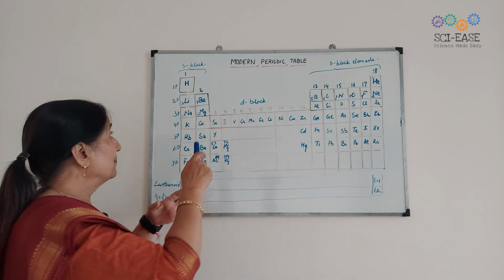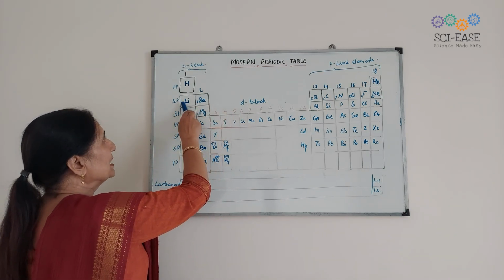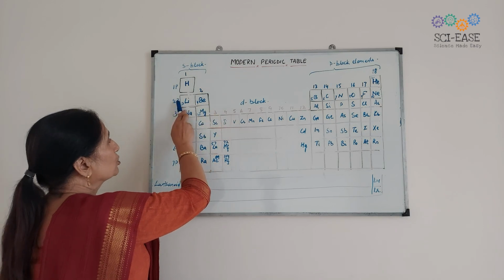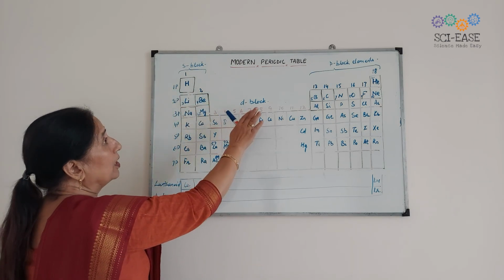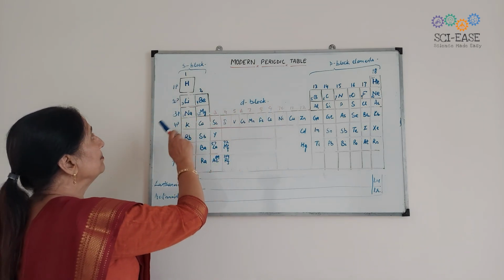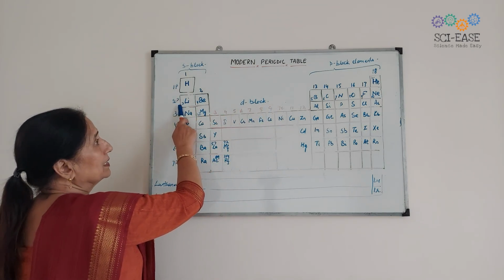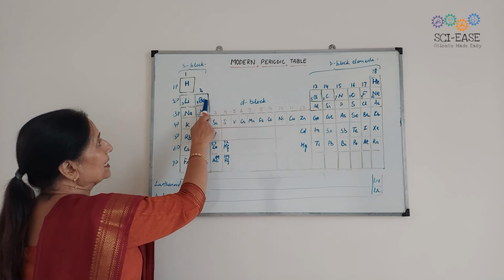And when we consider these periods, okay, so you must know that in the first period there are only 2 elements, hydrogen and helium. In second period there are 8 elements.